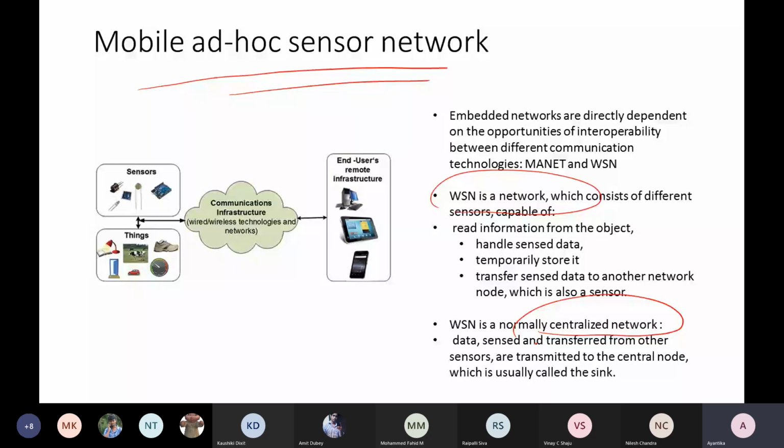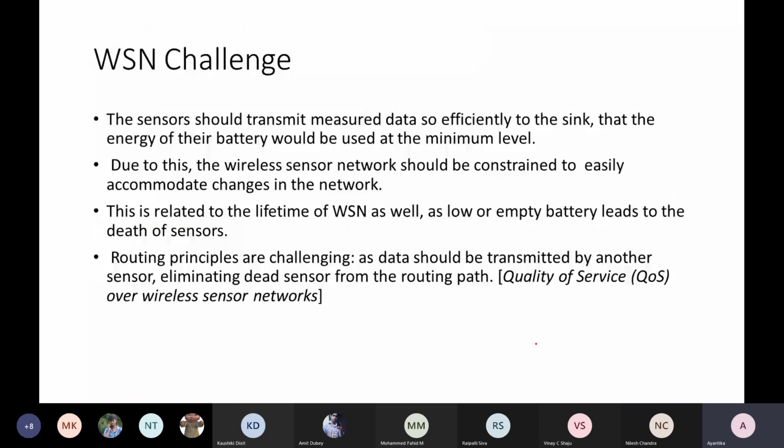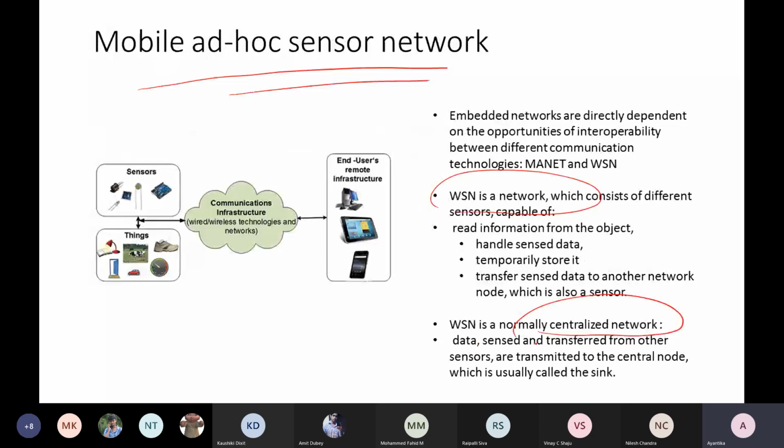Along with some centralized framework, we need to incorporate this ad hoc realization. So that is the challenge, and maybe we will start the next day with how we try to mitigate this: when we talk about a wireless sensor network, we have some centralization in the picture, and along with that we have to adopt ad hoc node addition and node deletion requirements. That way we can form the overall embedded networking infrastructure.